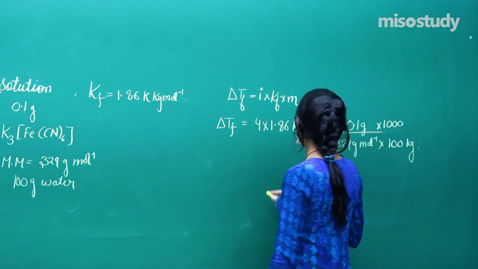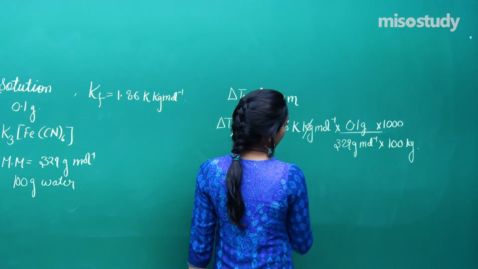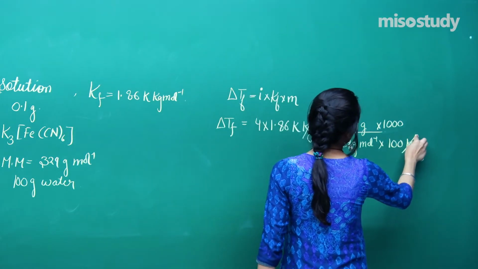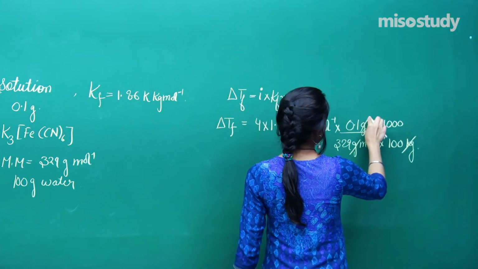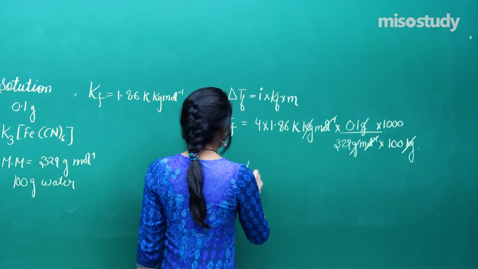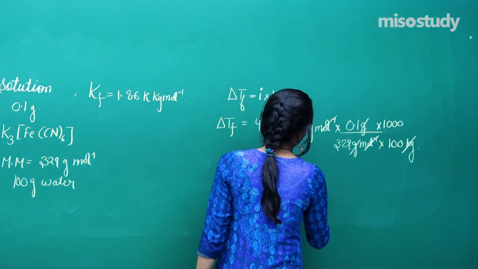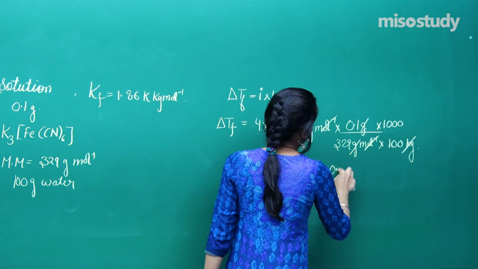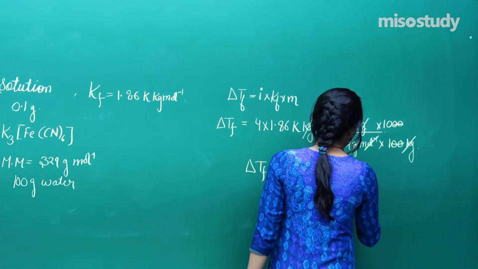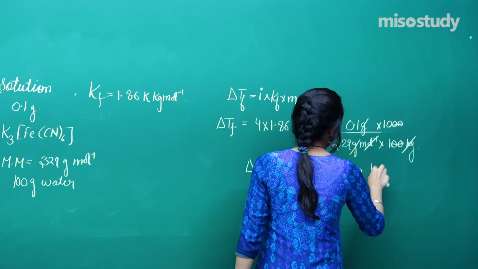If you do the calculation, this is kg, this is gram, this is gram, this is per mole, this is per mole. You solve, and you will get delta Tf is equal to 4 into 1.86 into 0.1 into 10 divided by 329 Kelvin.